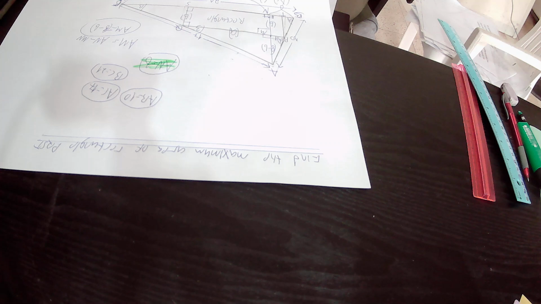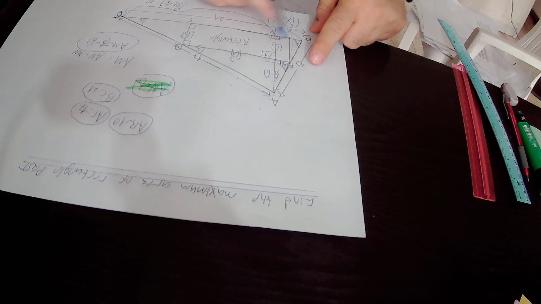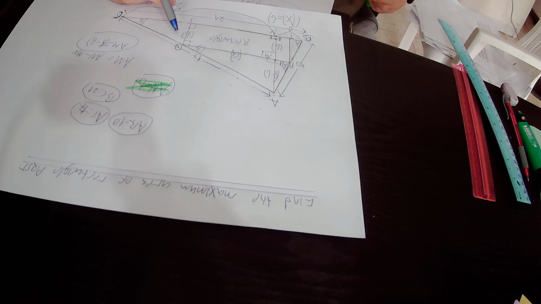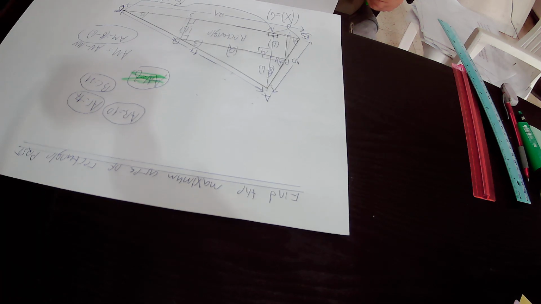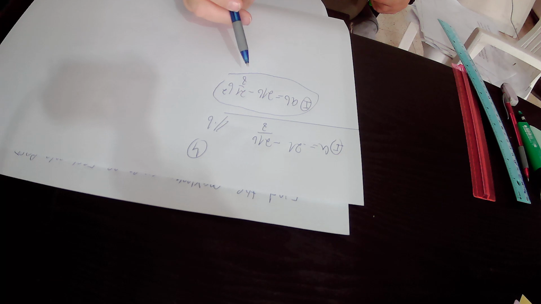According to our definition, A is the length of this rectangle PQST, and B is the width of this rectangle. Therefore, A times B is the area of rectangle PQST. And according to equation 1, the area equals 21 times B minus 21 B squared over 8.